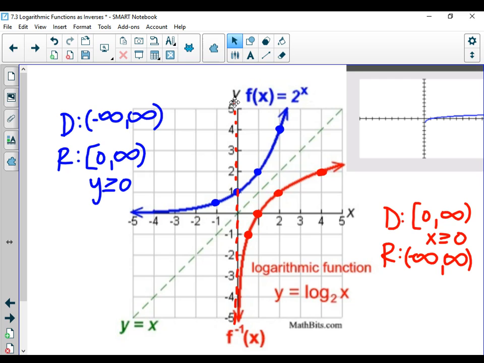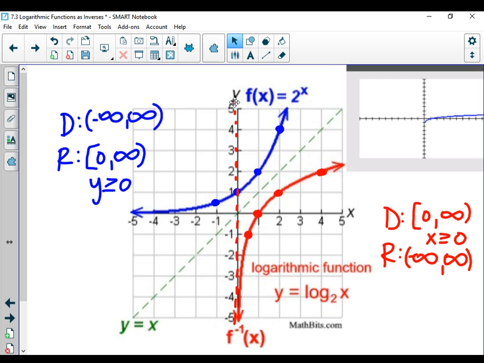What would cause my vertical asymptote to move? What kind of transformation? Okay, so left and right. If I move my graph to the left or to the right, I move my asymptote to the left or to the right. So with the exponential function, we said we move the asymptote if we move up or down. Now it's if we move left or right.